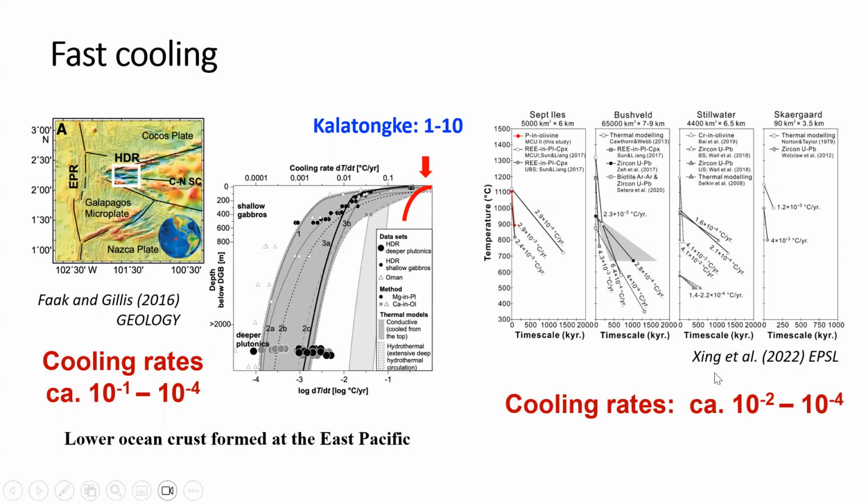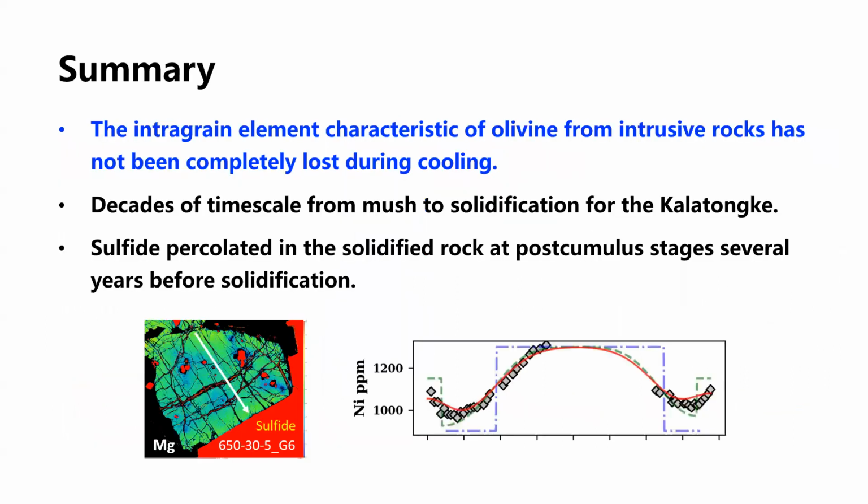So this shows that the Kalatongke deposit is a very fast cooling system. I think I will leave it here, and I'm still working on this. This is not the final conclusion, and I'm looking forward to your comments, suggestions, and questions.